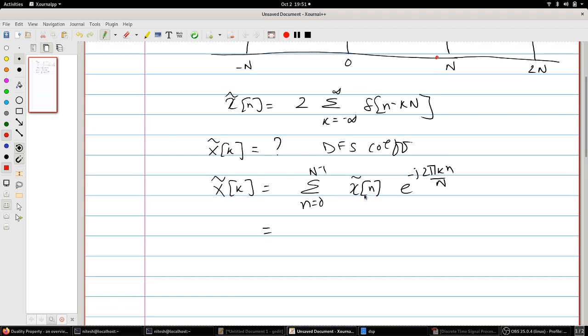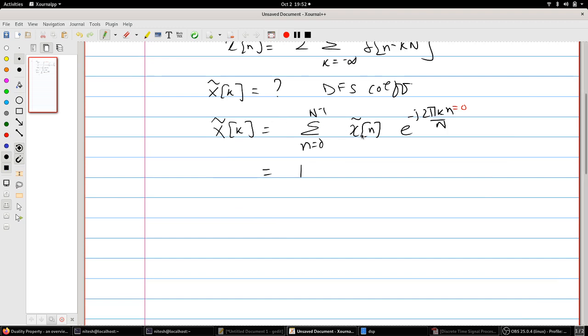So if I plug in n equal to 0, the exponential is e raised to 0, so I will get a value which is 1. So my x tilde of k is 1, and you know that x tilde of k again is periodic, and the period is N, right? So for k equal to 0, 1 till N minus 1, you will have x tilde of k as 1.